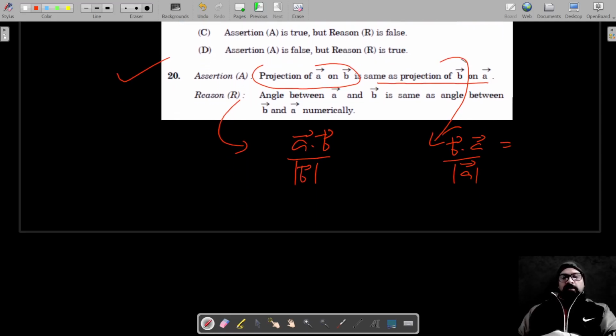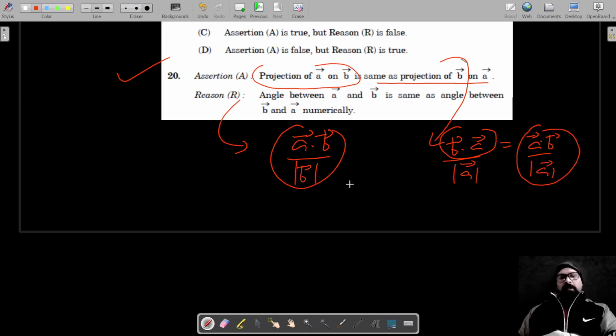So this is the projection of A on B, and this is the projection of B on A, which are not equal. So this statement is false.